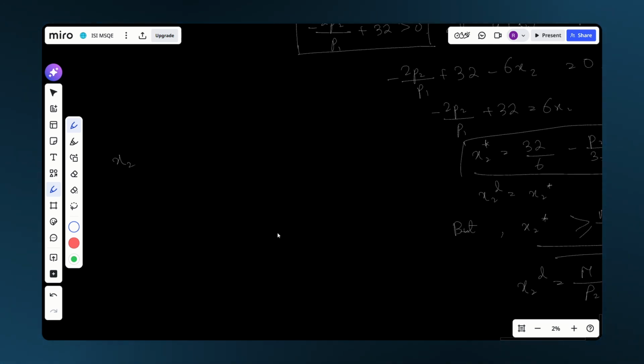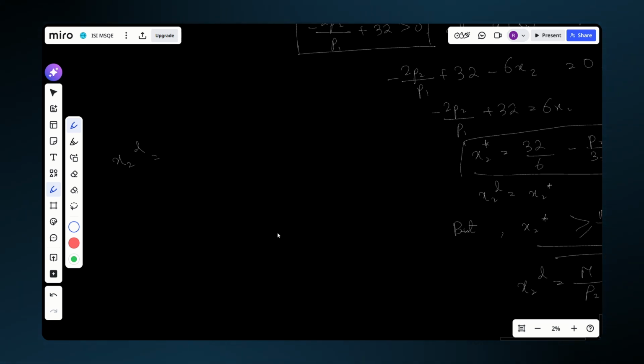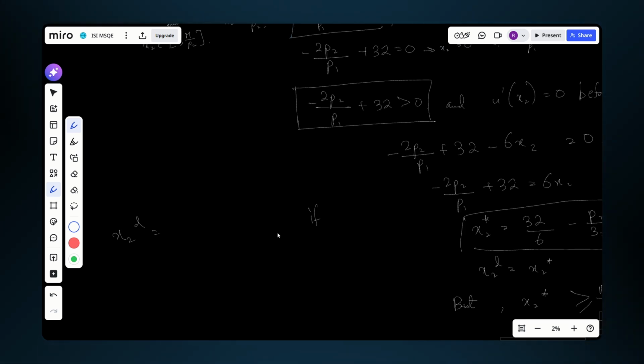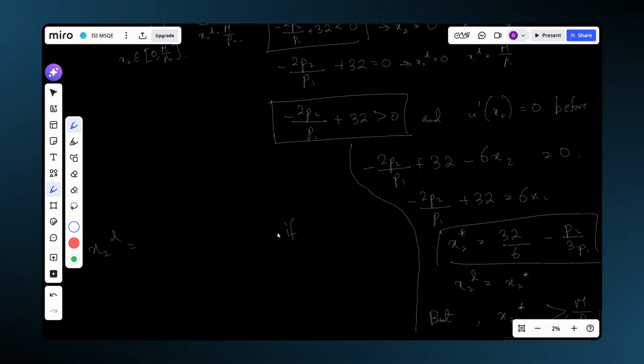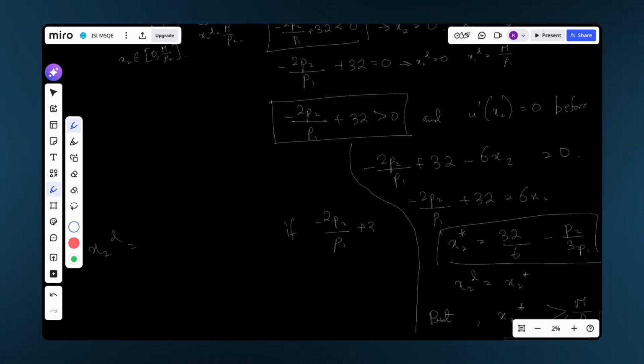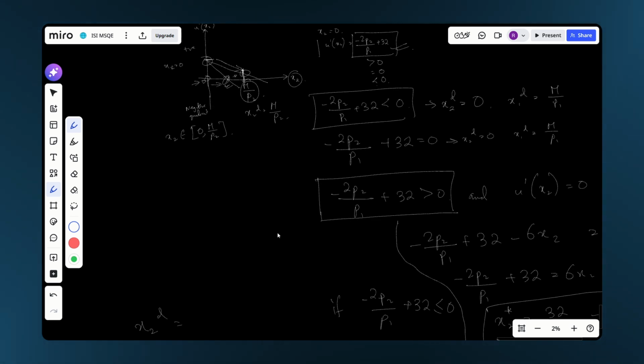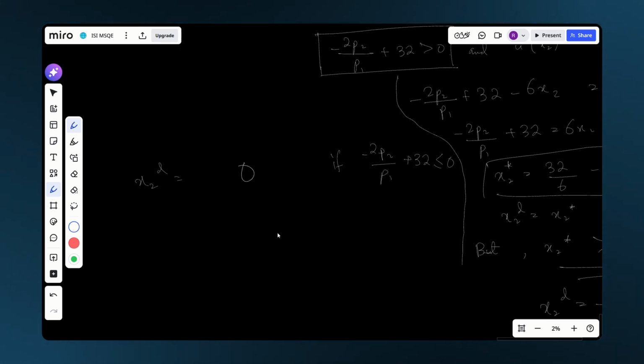So what will be the demand function of x2? Let me write it clearly. If minus 2p2 by p1 plus 32 is less than or equal to 0, then x2d will be equal to 0.